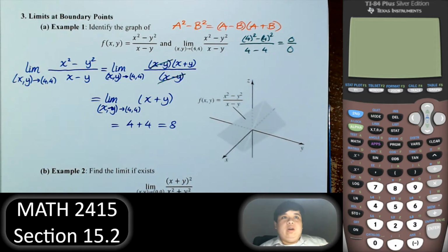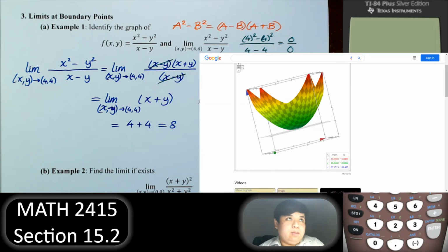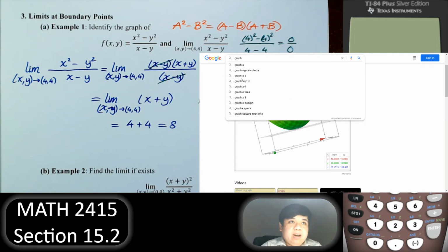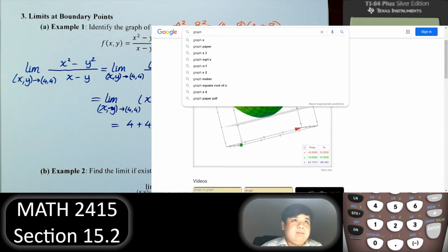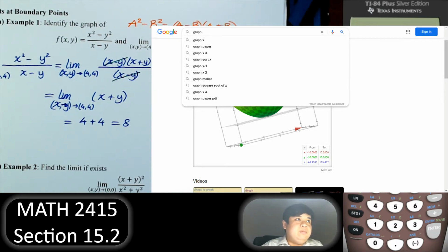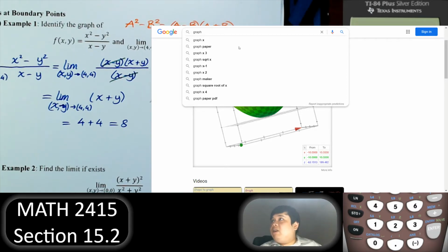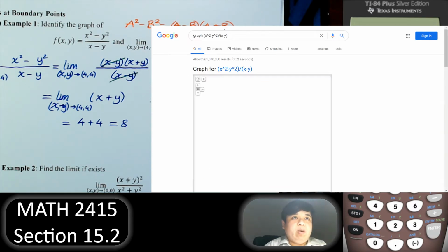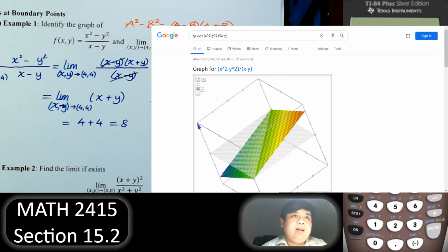Right. So look at the graph real quick. I just type graph. I can make this window a little bit bigger. Right, that's better. I just have the function x squared minus y squared divided by x minus y in Google search, and we have the graph.